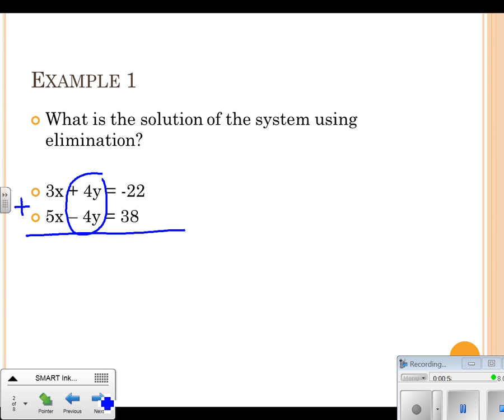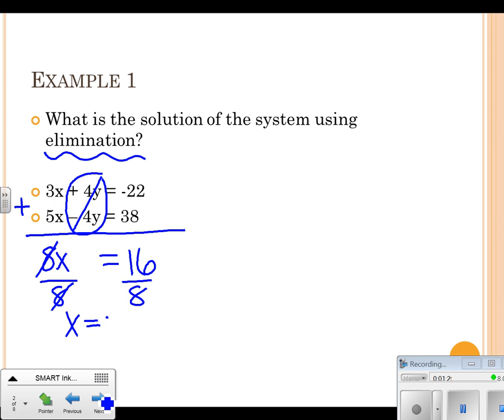So this is what the elimination means: when we simplify and get 0, something's been eliminated. So if I add 3x and 5x, I get 8x. Well, this is eliminated. That's 0. And then negative 22 plus 38 gives me 16. So then we can see through that elimination process, we just have x left over in our equation. So we can solve for x.